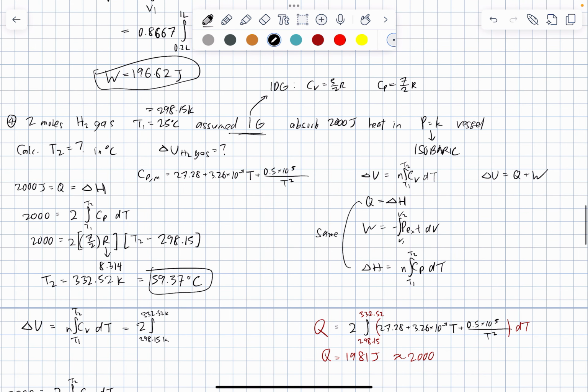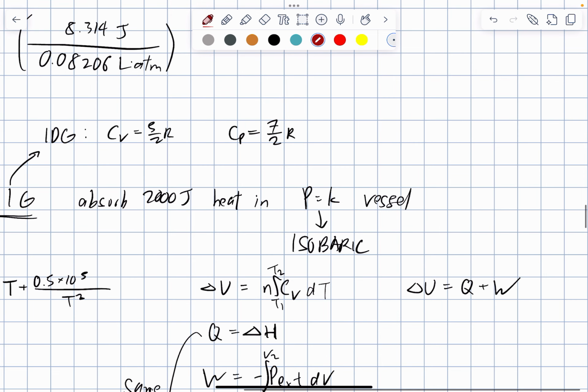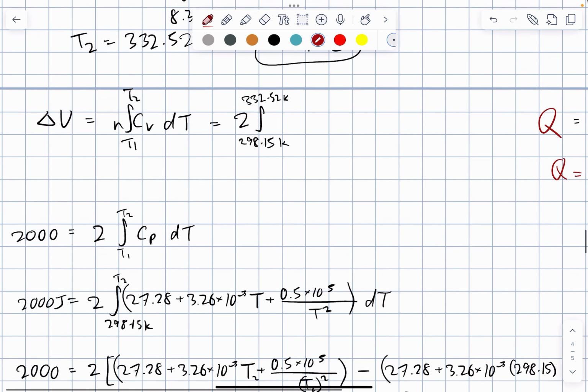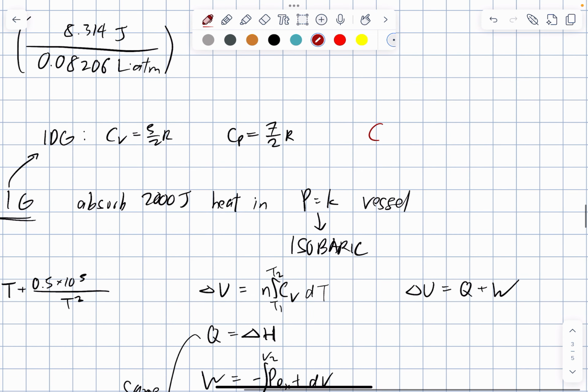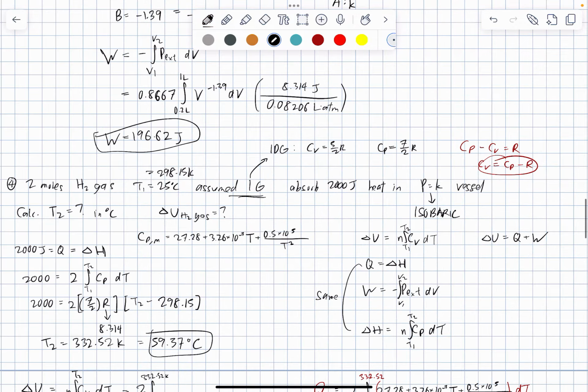Oh yeah, there's another relationship you have to know: Cp minus Cv equals R. We're looking for Cv, so it's equal to Cp minus R from that relationship.